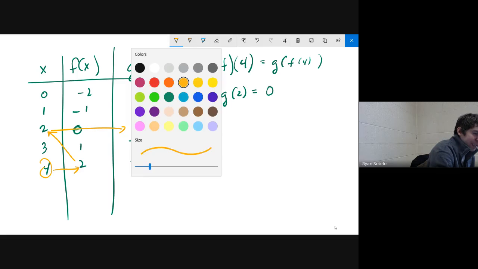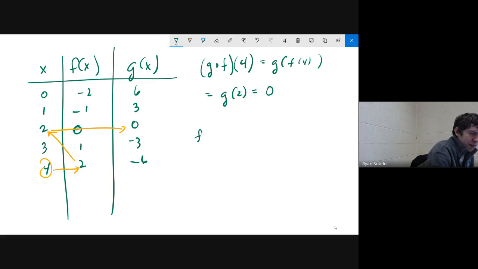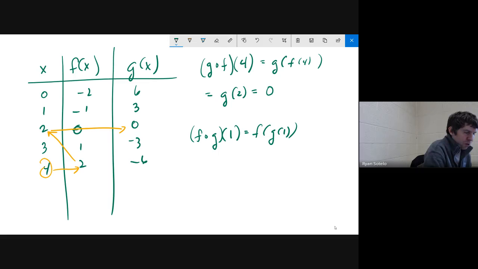I could also ask, what is f of g of 1? So now g gets fed first. That's f of g of 1. So g of 1, start here, gives me 3.